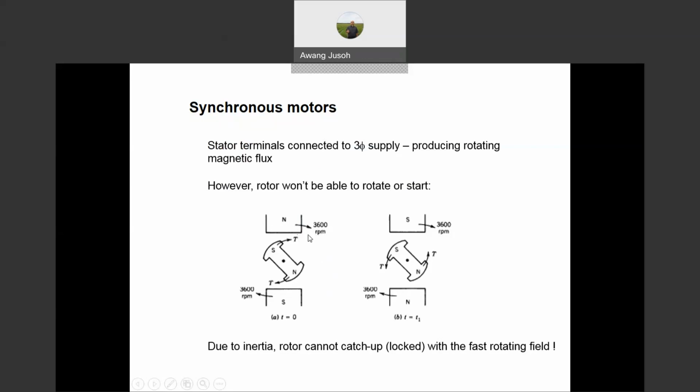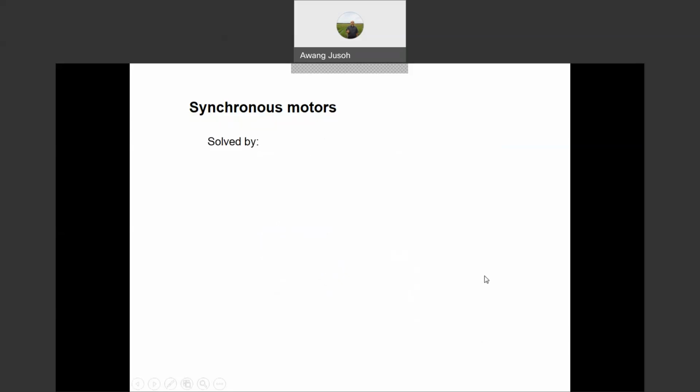When it catches, it will clamp, where the north and south poles catch each other, so the rotor is clamped in this field. It just follows the flux moving there. If the flux moves fast, it moves faster; if the flux moves slowly, it moves slowly. So that is how it works.